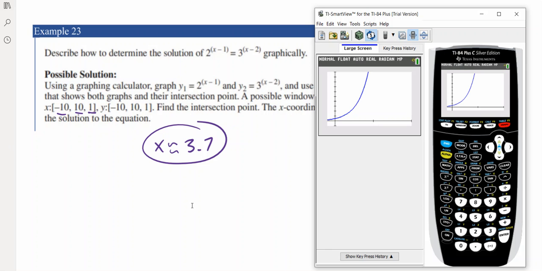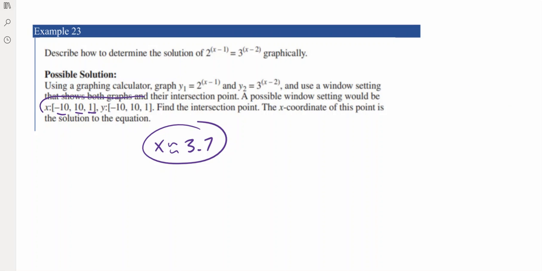The only reason why I'd ask you guys to write down your window settings would be to tell whether or not you did the question, right? Because if your window settings were way off, and you said that you found the intersection, but I can tell from your window that you weren't even looking at it, then something's a little wrong there, right? So that's why I sometimes have you write your window settings. That's like showing your work when you're graphing.